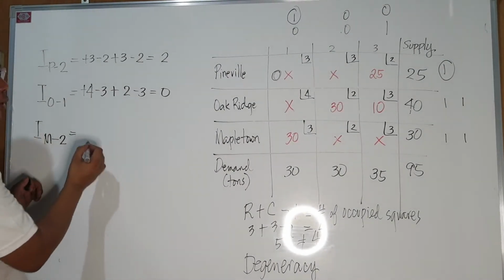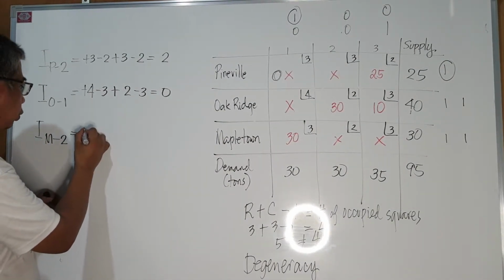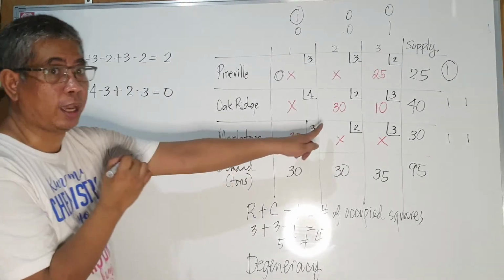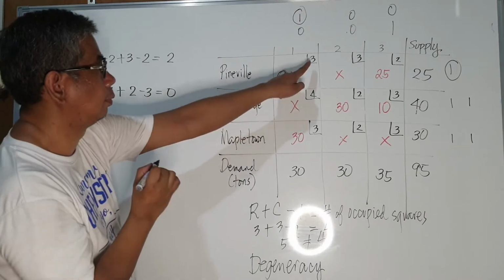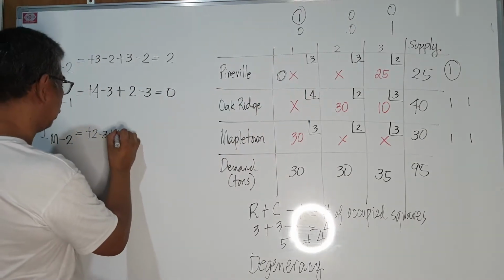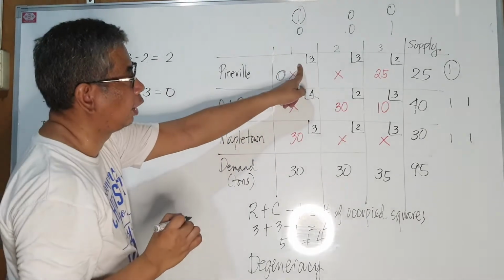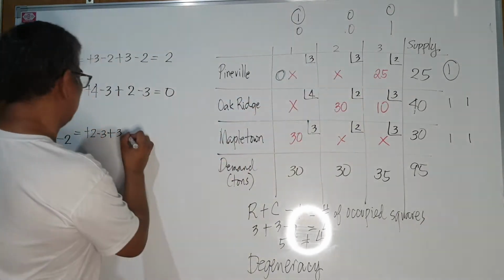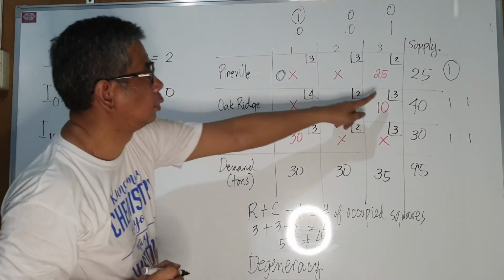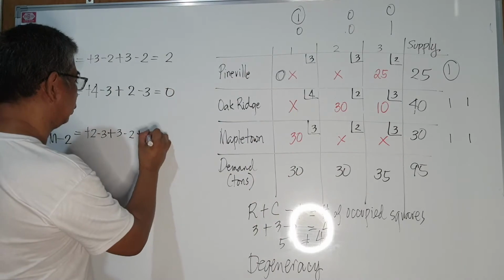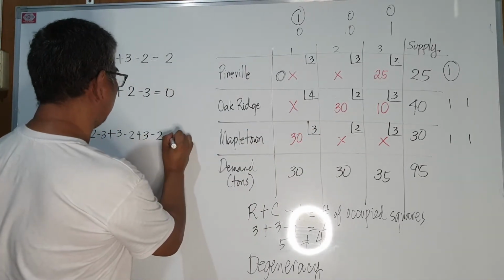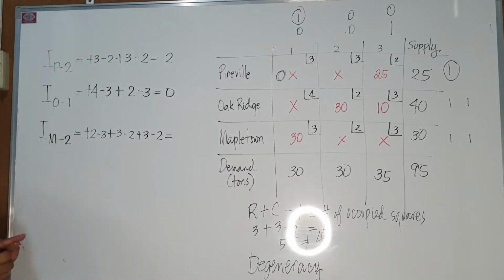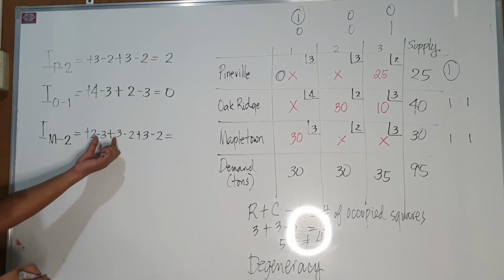Say suppose, plus 2 minus 3, then plus 3. Okay? Then minus 2, plus 3, minus 2. Okay? So, this cancels out.